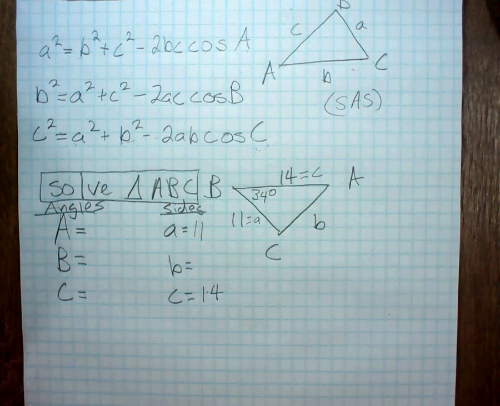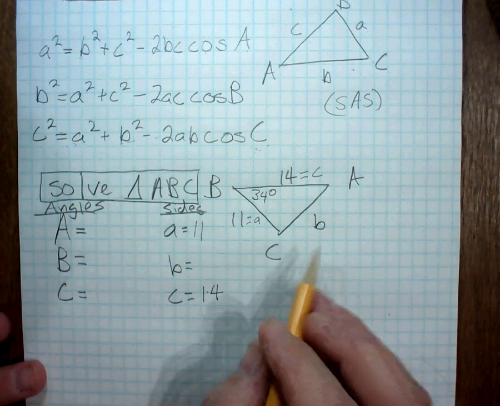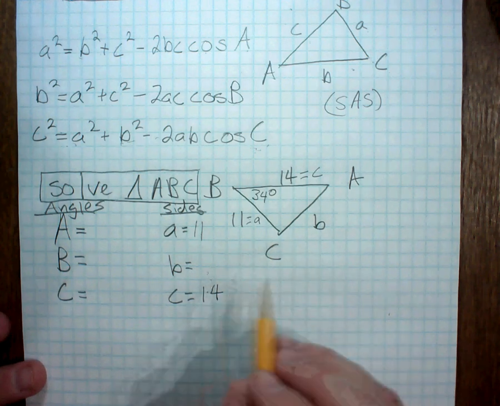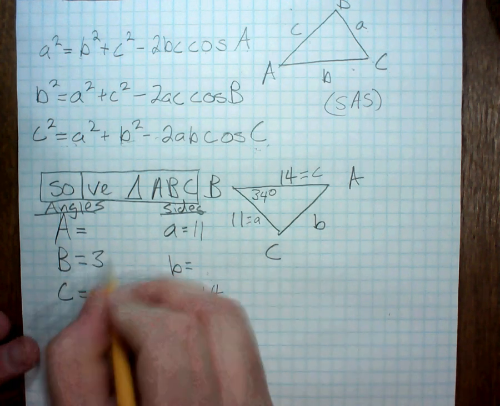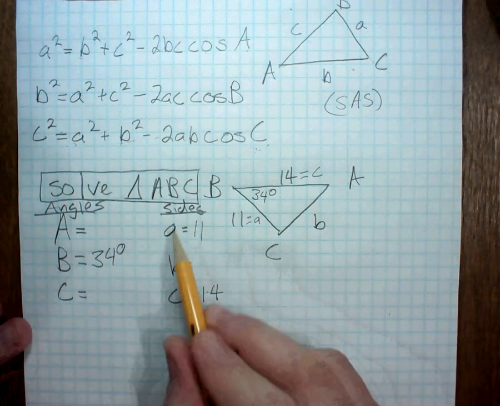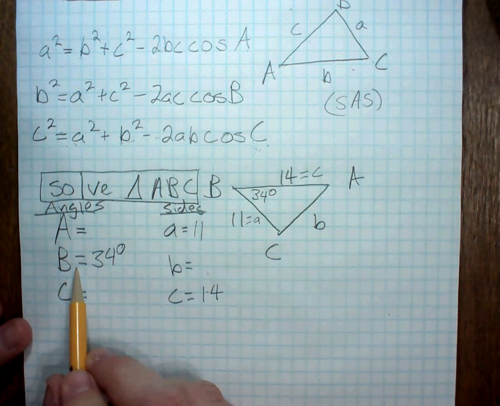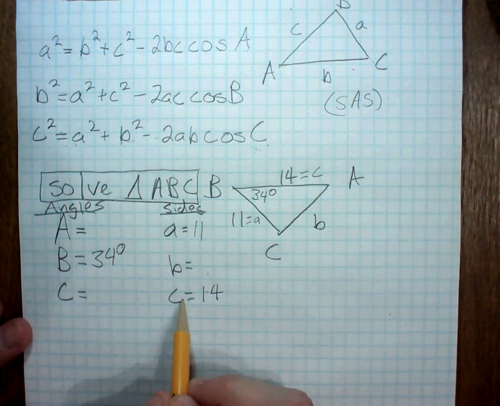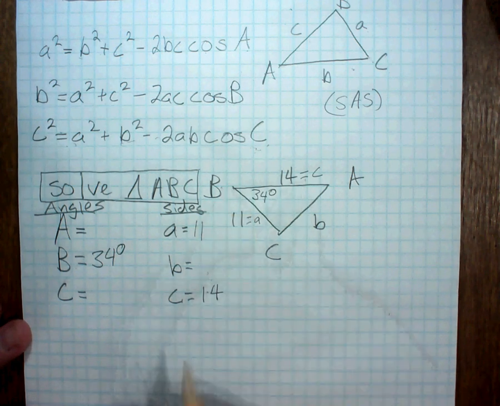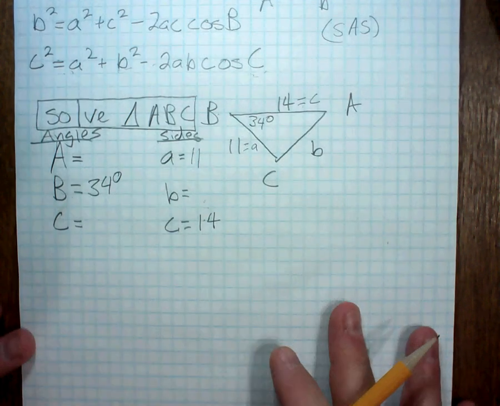I'm going to find b real quick, but I know that capital B is 34 degrees. So here I have side, the angle between them, and another side. Right? Side, angle, side. So that's a law of cosines deal.